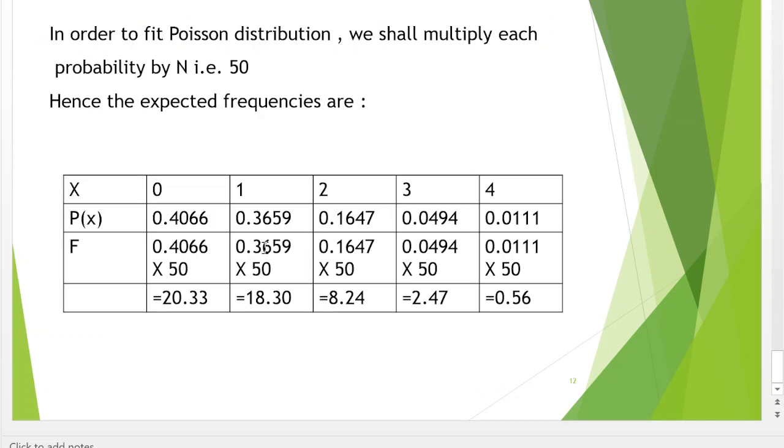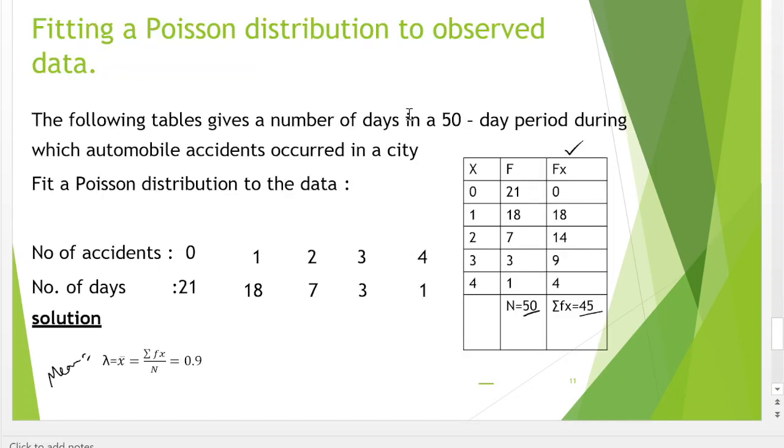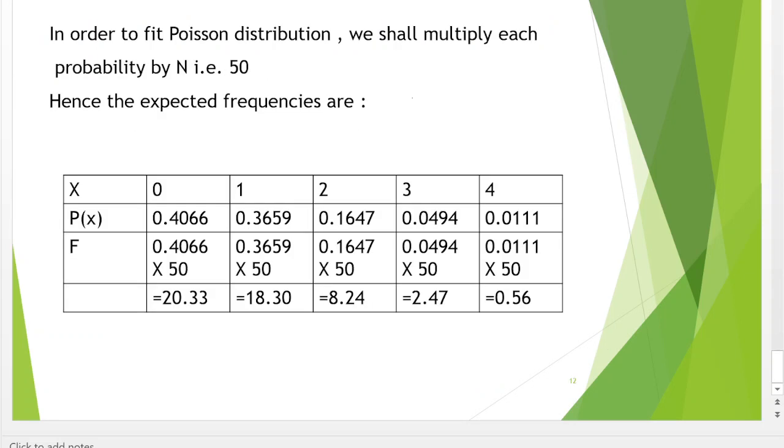In order to fit the Poisson distribution, we multiply each probability by n to get the expected frequency. The x values are already given in the question. Calculate the probability of x for each x using the formula. The lambda value we already calculated is 0.9. The probability mass function of the Poisson distribution is e power minus lambda, lambda power x divided by x factorial.